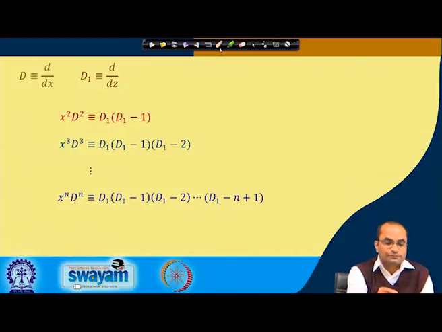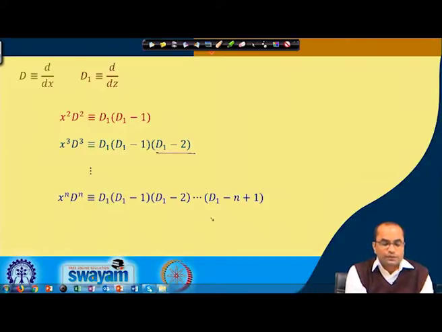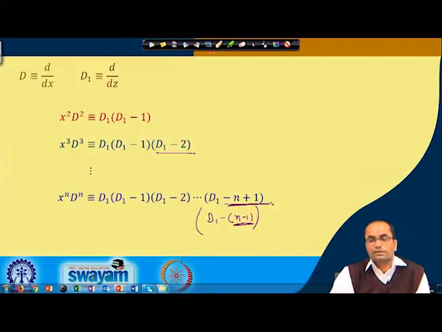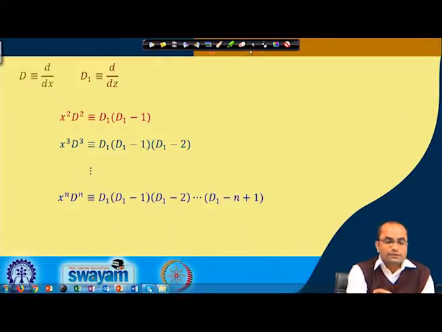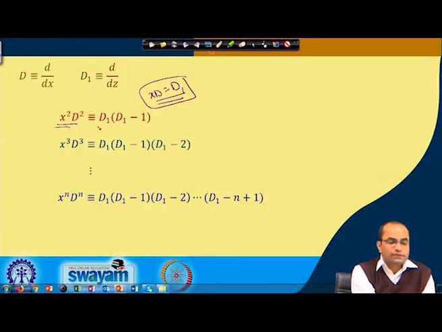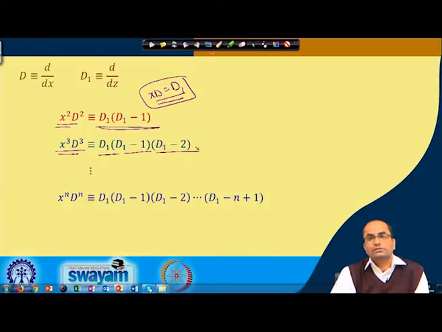Here, when we have power 3, we go up to 2; here we have power n, we will be going up to n minus 1. So, this is d1 minus n plus 1, which is written here. These are the general forms, and we already remember that x d was d1. So, we have x d equal to d1, x square d square equal to d1 into d1 minus 1, and x cube d cube equal to d1, d1 minus 1 and d1 minus 2.